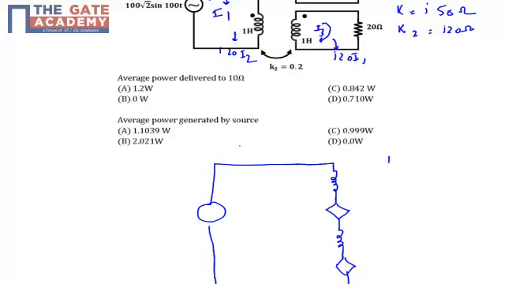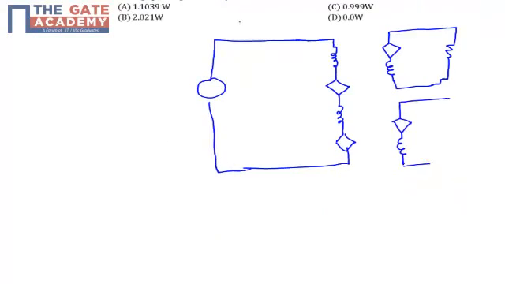Similarly, in the second coil we also have a dependent source, an inductor and a load resistor. We have a similar arrangement in the case of the third coil.